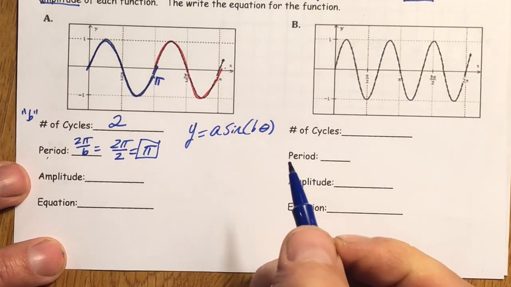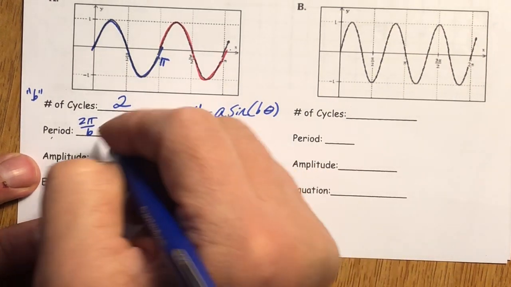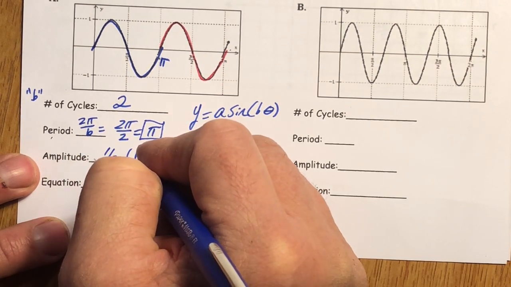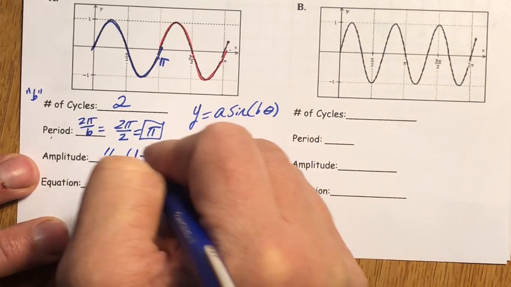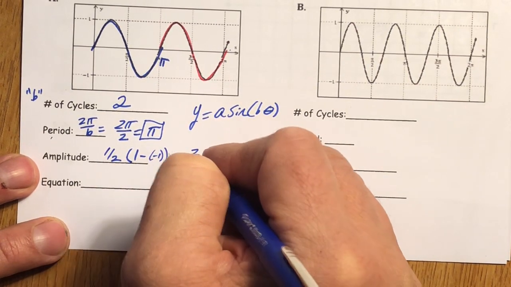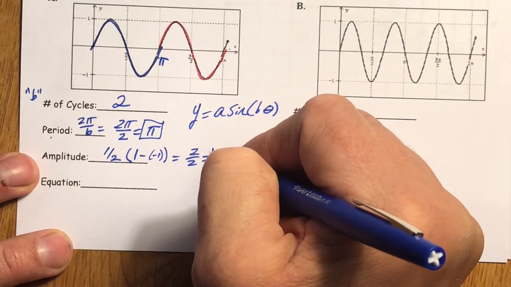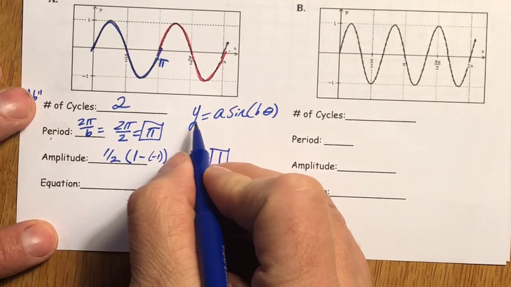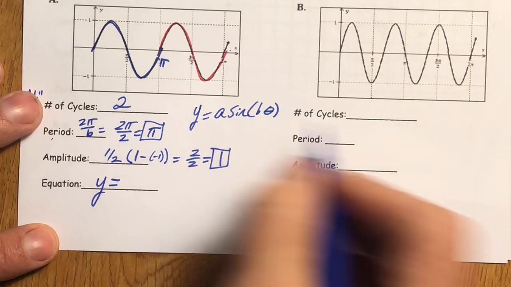All right, the amplitude. Remember, it's going to be 1/2 times 1 minus a negative 1, which is going to be 2 divided by 2, which is just 1. So my amplitude, again, is 1. All right, so here's my equation. I'm going to take this right here, so y equals, and I'm just going to plug in the information.